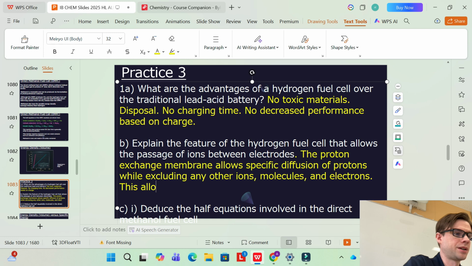This allows a complete electrical circuit and prevents the buildup of charge.